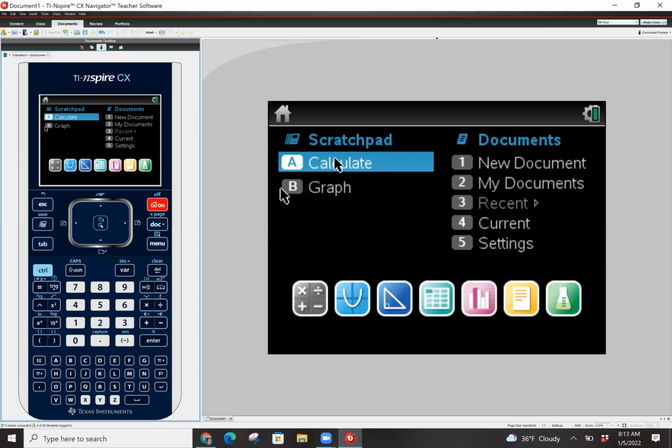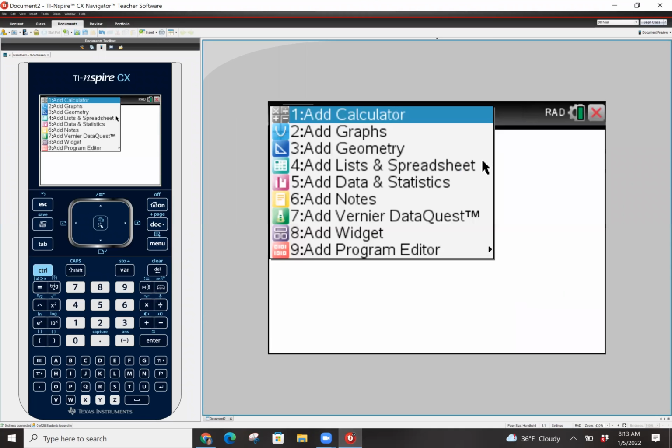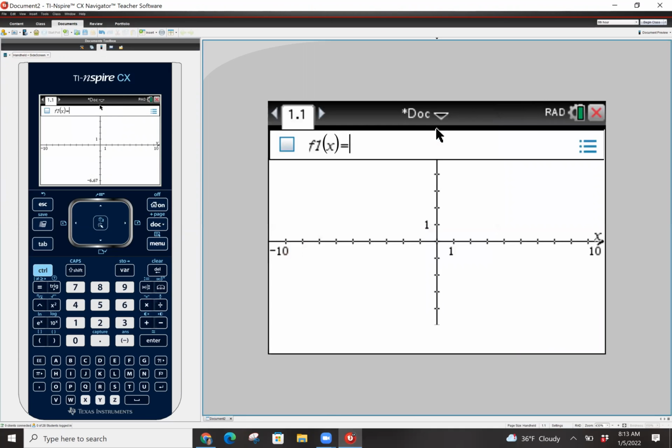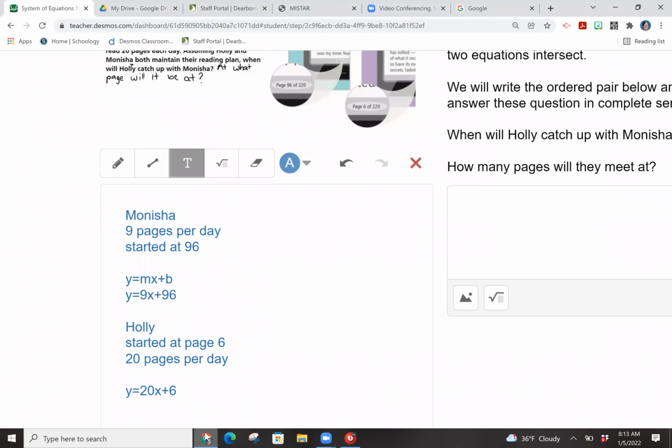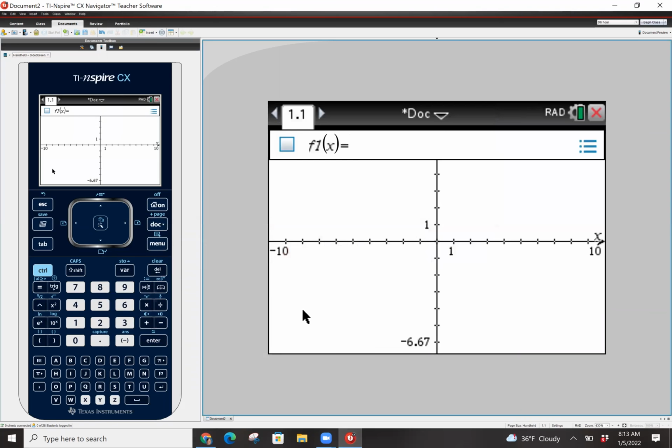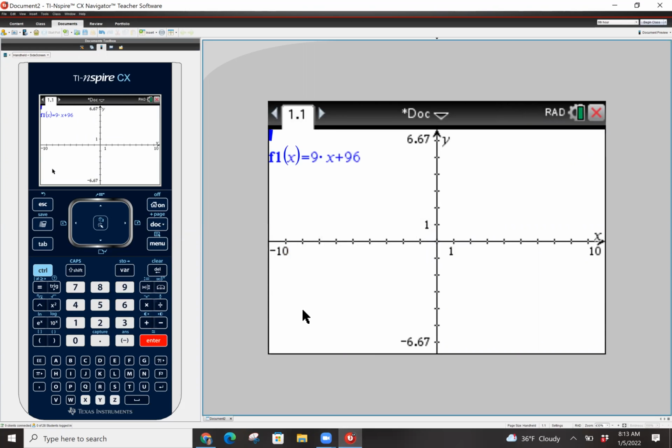Go to new document. And you're going to go to add graphs. You do not need to do anything to this F1. That's your Y value. So Monisha's was 9x plus 96. All right, we can kind of see it in this corner. That's cool.